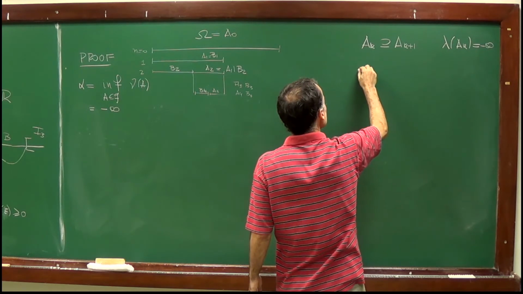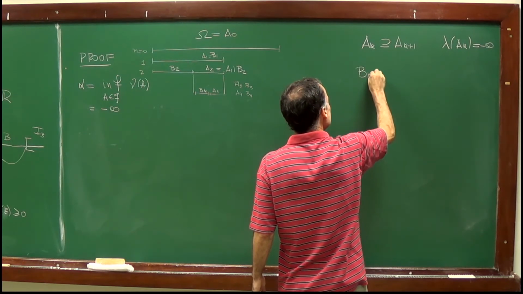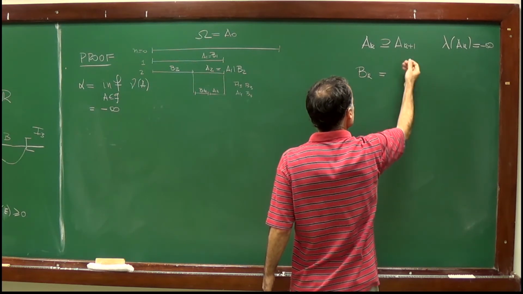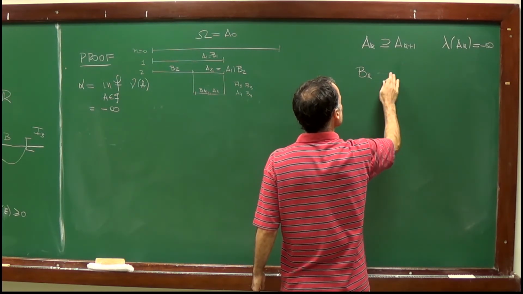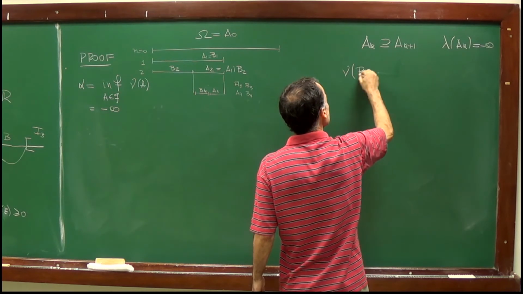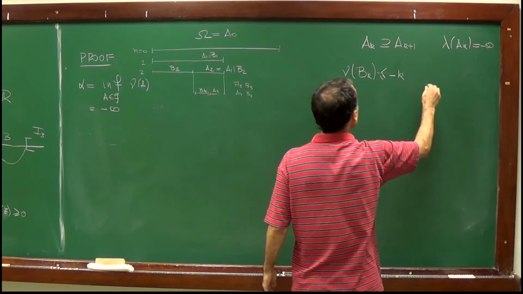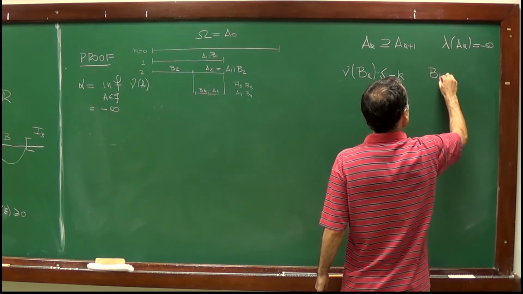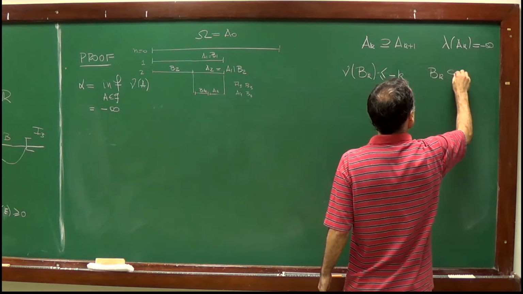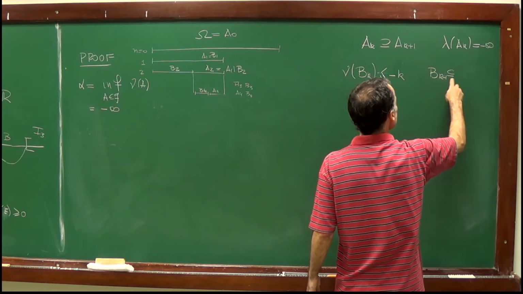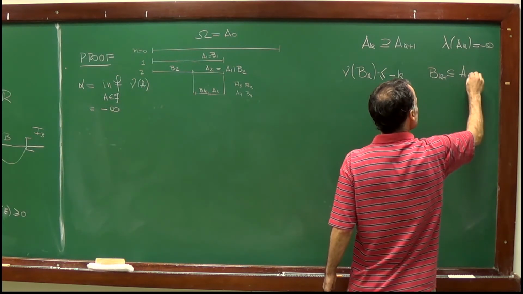And then we have a sequence of sets B_k, in which nu of B_k is less or equal than minus k, and B_k is also contained in A_{k-1}. So I'll write that B_{k+1} is in fact contained in A_k.